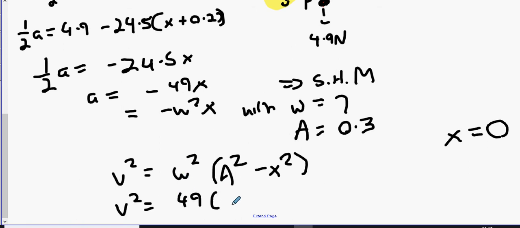What's our amplitude again? 0.3 squared, and our x value? 0. And then the answer is 2.1, but you can figure that out yourselves if you want. 49 multiplied by 0.09. Root your answer. Yeah, v is 2.1. Everybody cool with that? Yeah.